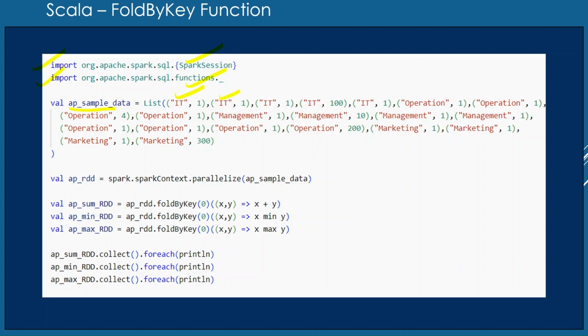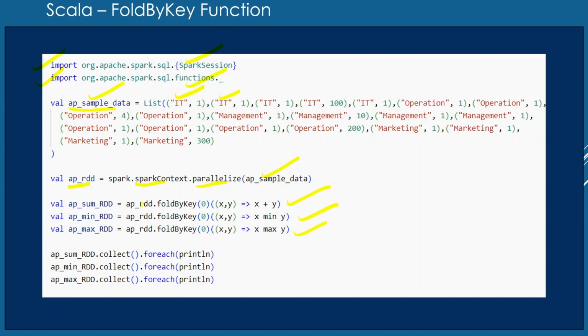I am going to create this RDD with the help of the Spark context using the parallelize method, passing an object which contains the data. This is the list object we defined here, which contains the data in the form of key and value pairs. Once this RDD gets created, I am performing three kinds of aggregation: addition, minimum, and maximum.